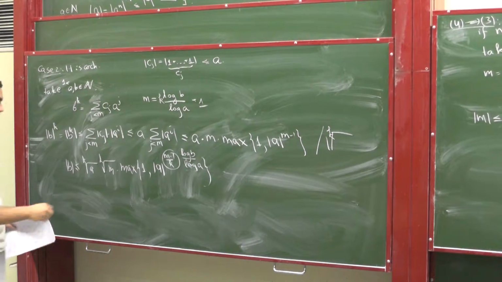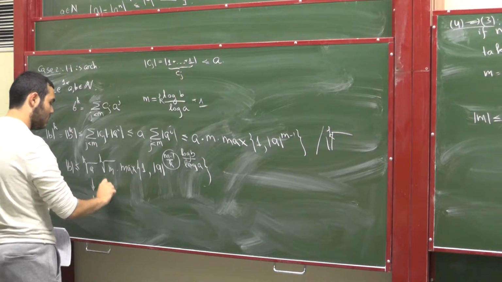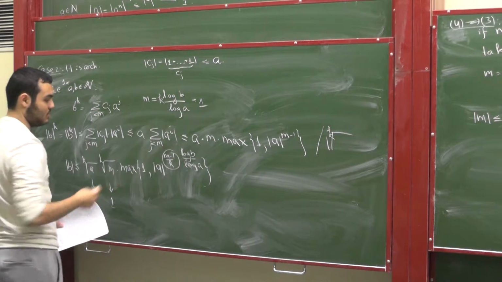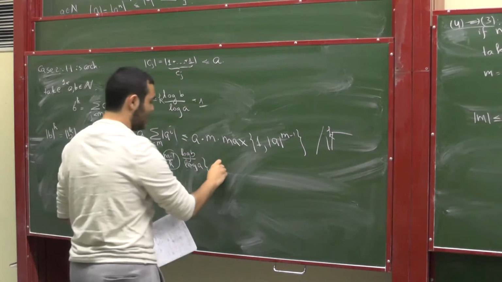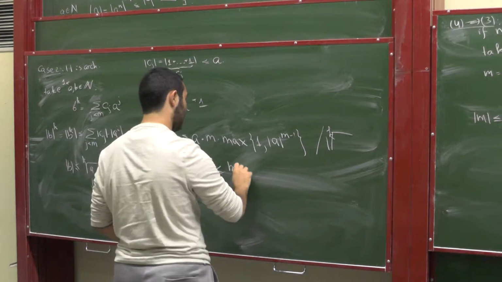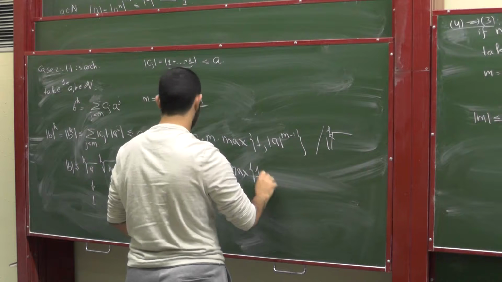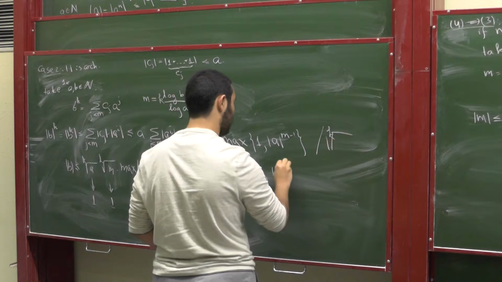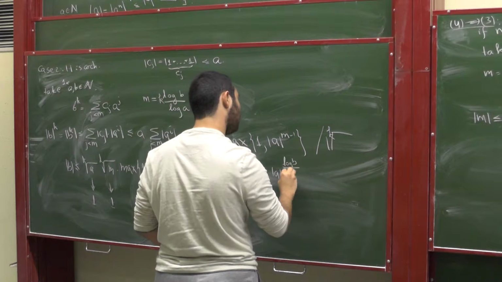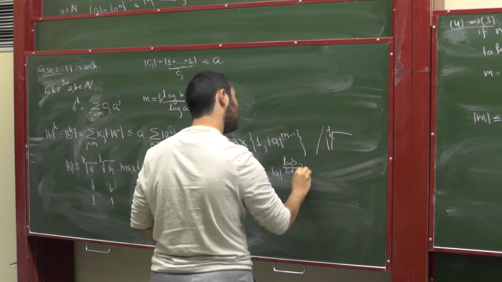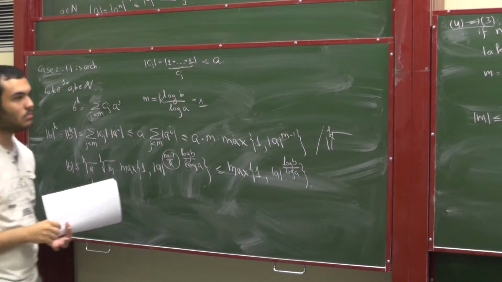So this goes to 1. This goes to 1 because n is of this form. So we get that the absolute value of b is bounded by the maximum between 1 and this. Okay?